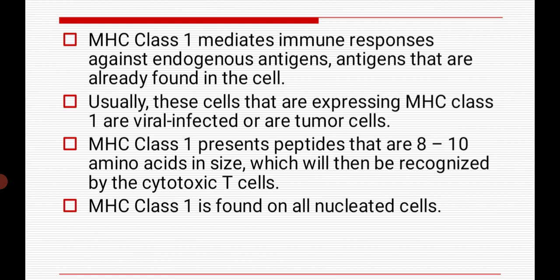The MHC class one molecule presents a peptide antigen of a size of 8 to 10 amino acids, and this peptide antigen is then recognized by a CD8 cell or cytotoxic cell. MHC class one glycoprotein cell membrane receptors are found on all nucleated cells.